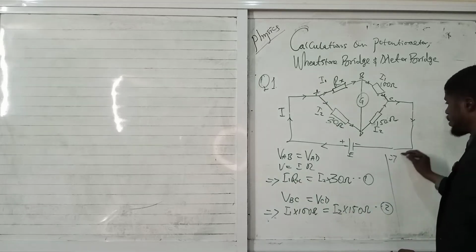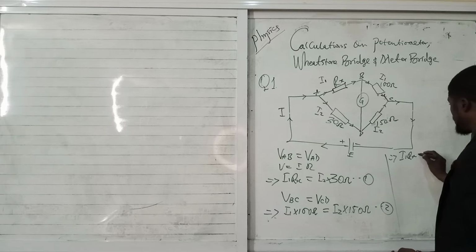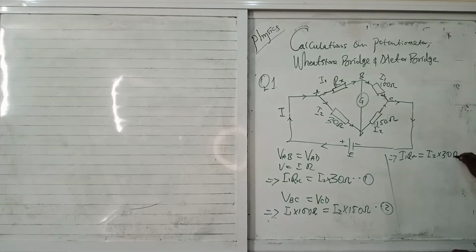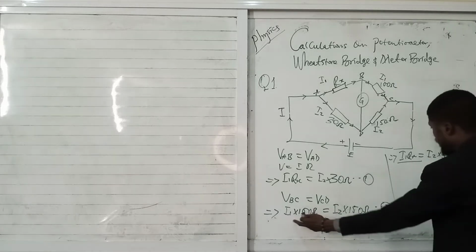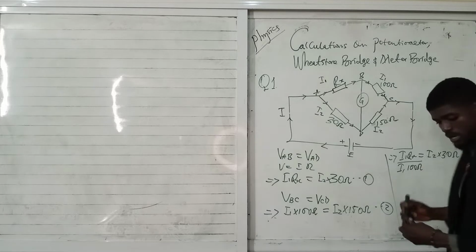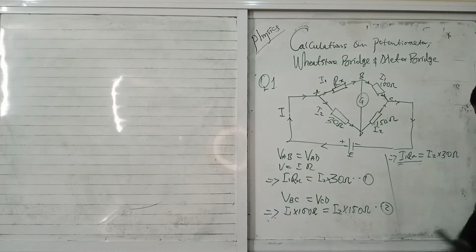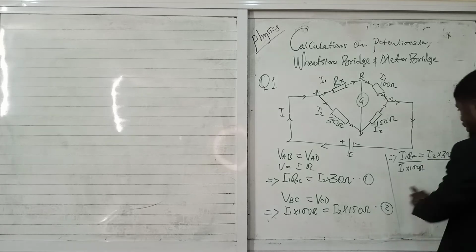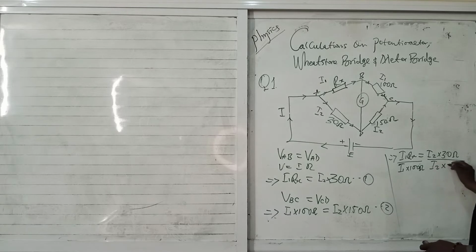If you do that, you're going to have I1 Rx over I1 times 100 ohm is equal to I2 times 30 ohm over I2 times 150 ohm.